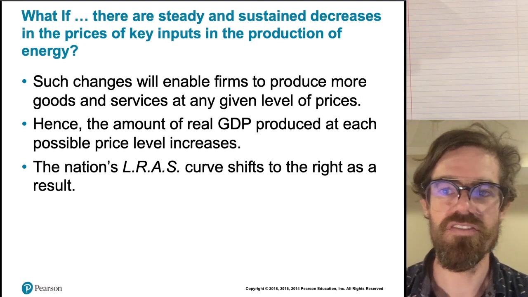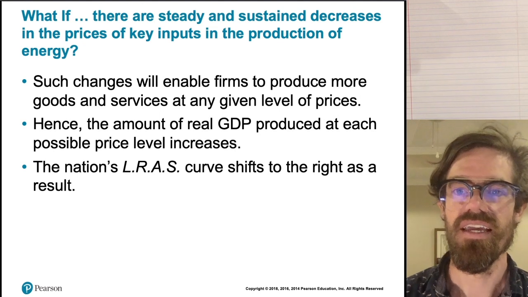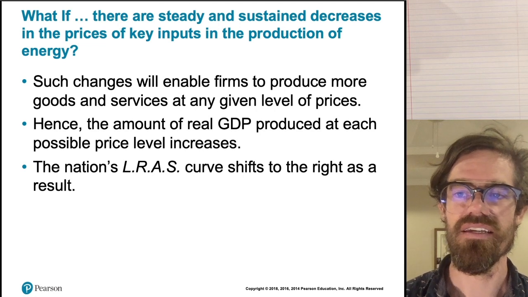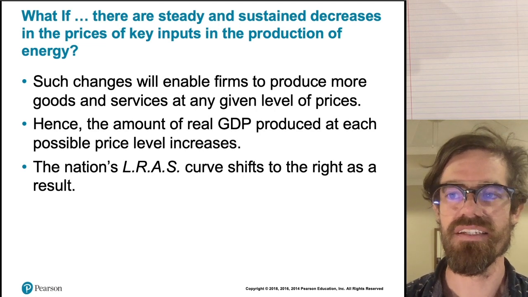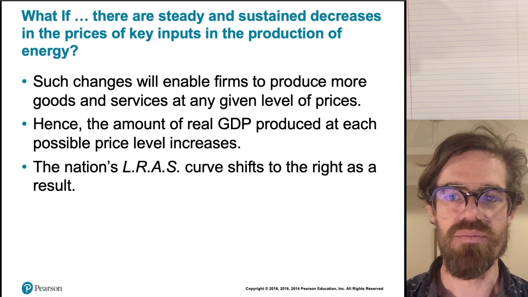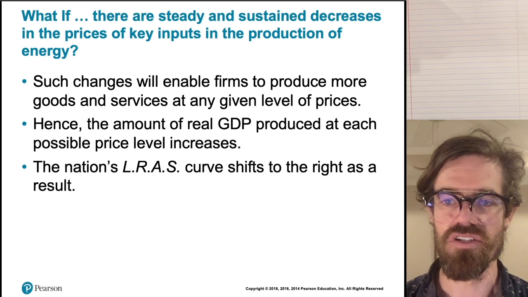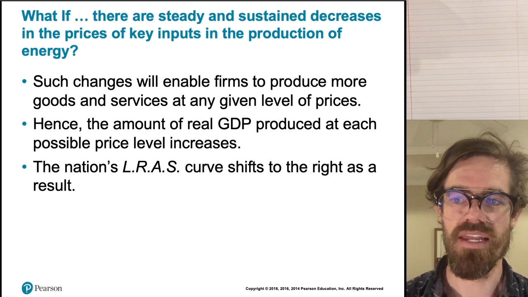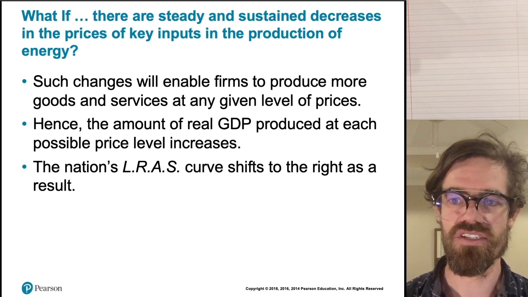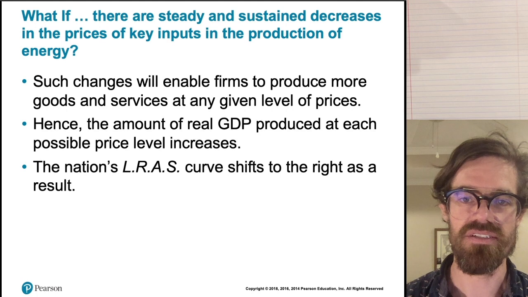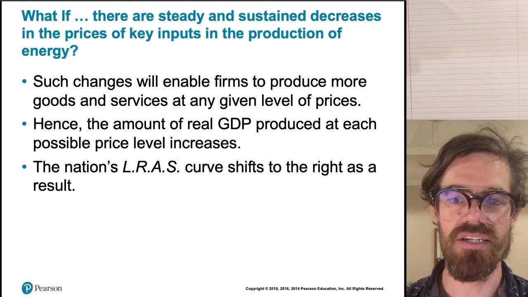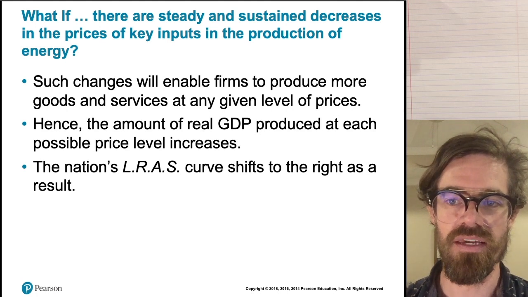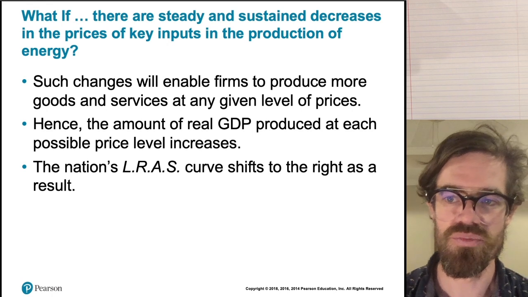Okay, so what if there are steady and sustained decreases in the price of key inputs in the production, such as energy? All right, well, such changes enable firms to produce more goods and services at any given price level. Basically, cheaper input prices means that firms in the economy can produce more.